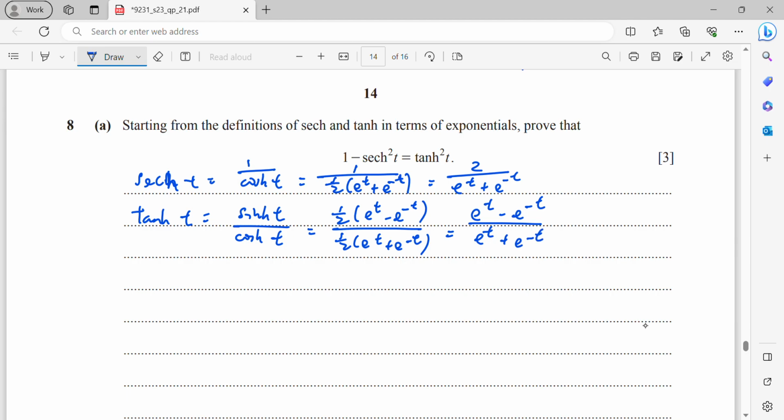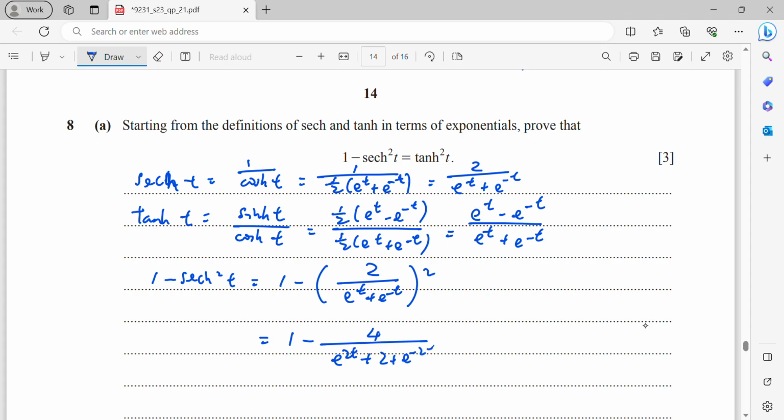Okay, so 1 minus secant squared t equals 1 minus 2 over e^t plus e^-t. Then you square it. So here I will get 1 minus 4 over, do the expansion, e^2t plus 2 plus e^-2t.